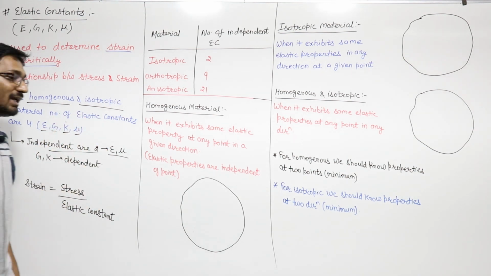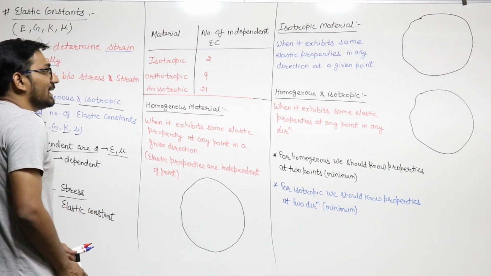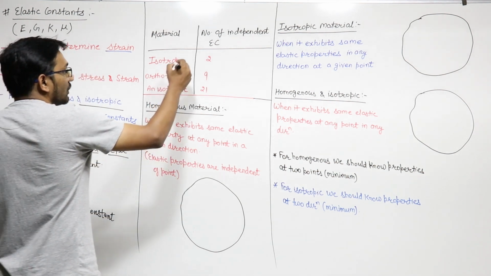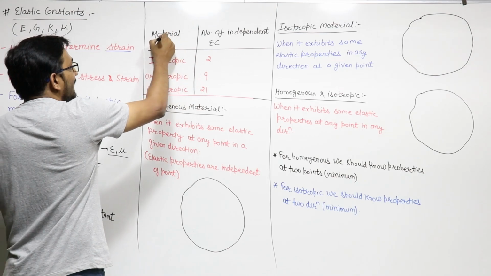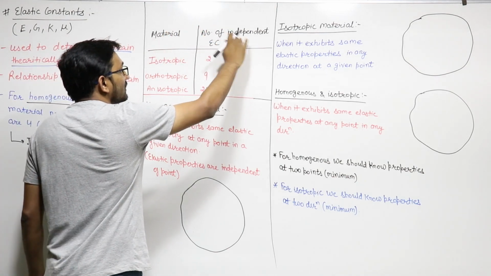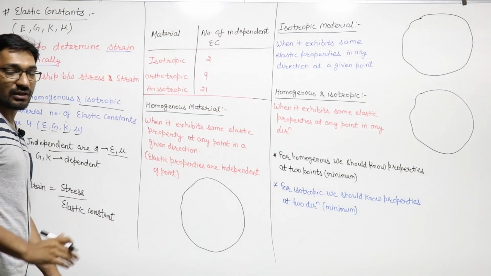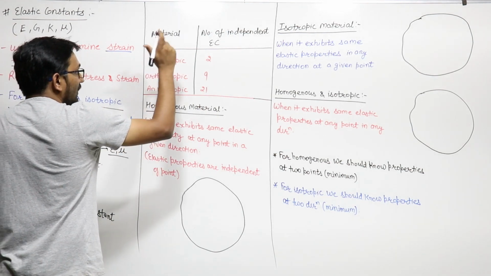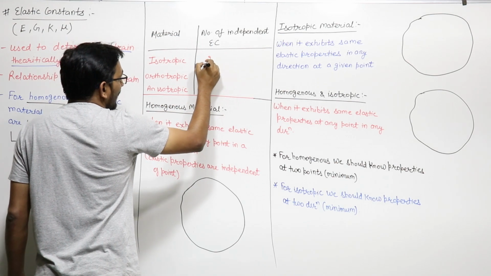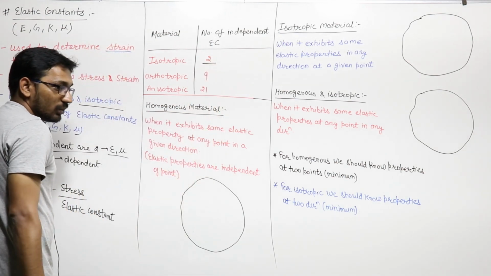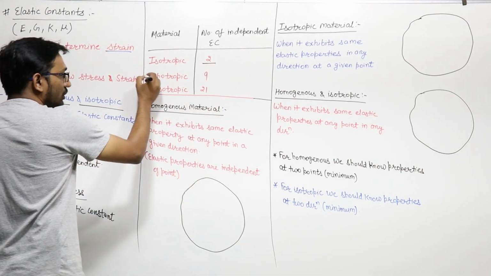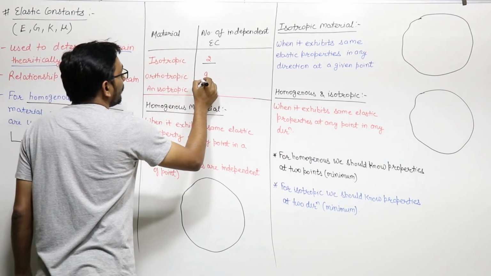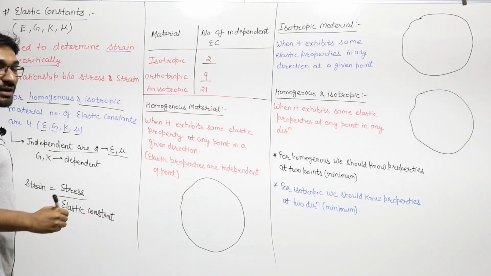In strength of material, we have 3 different kinds of material. One is your isotropic. This table is the material, and here it is number of independent elastic constants. If the material is isotropic, then the number of independent elastic constants are 2. If the material is orthotropic, then the number of independent elastic constants are 9.